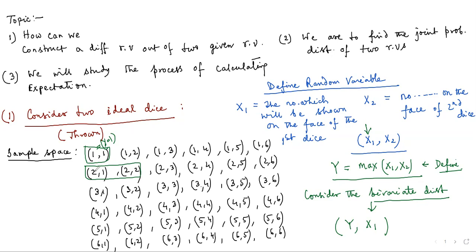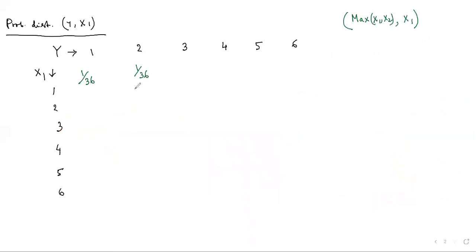If we consider this pair 2, 1, then also we are going to get the maximum as 2. If we consider this pair 2, 2, then also we are going to get the maximum as 2. So in this particular case, we are going to get the probability as 2 by 36.